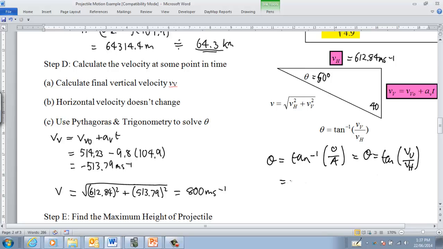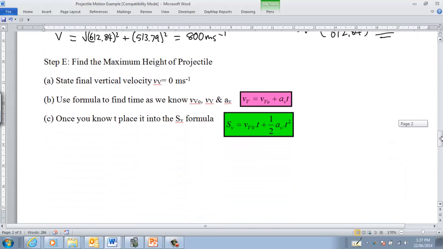So in this particular case, using some trigonometry, it's going to be inverse tan of 513.79 all over 612.84. Now if you do that, I know you're going to get an answer of 50 degrees. You can do that in your calculator. I won't do it because of time.